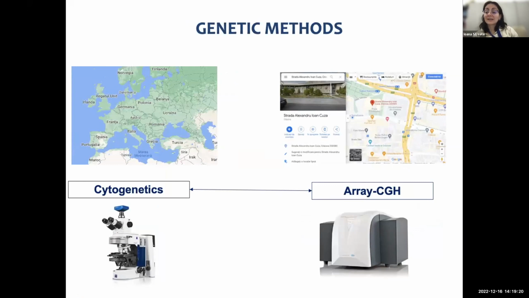The classical karyotype can analyze the entire library, can count the books, and can say that big parts of the books are missing or extra. After that, the molecular karyotype can count chapters in each book and can say that there is a chapter that is missing or duplicated.